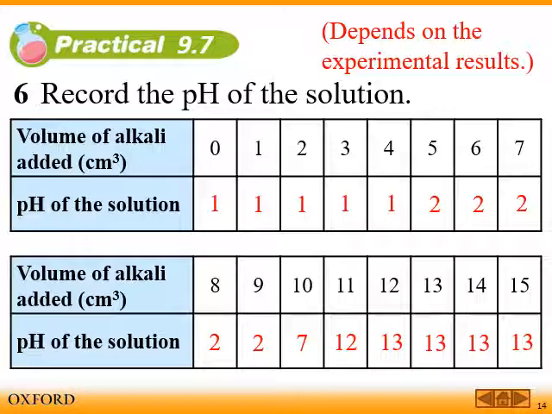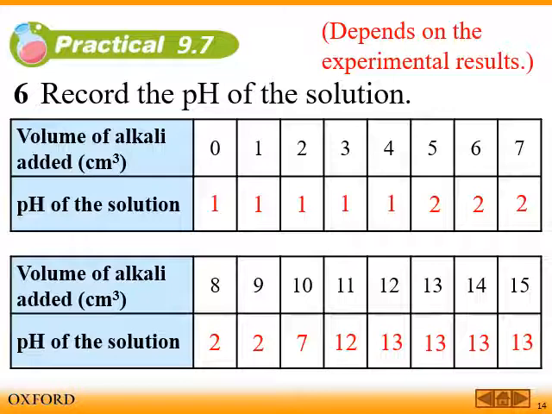You can see at 10 cm³, the pH value suddenly rises to 7. This is the point when the acid and the alkali, that is sodium hydroxide solution, completely neutralize.